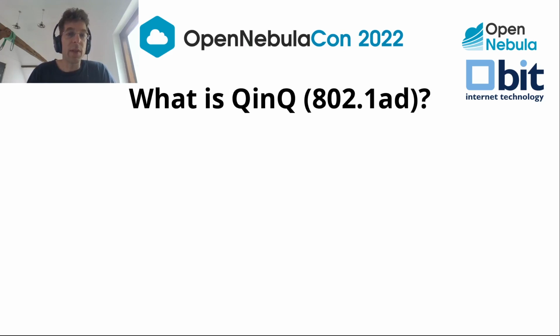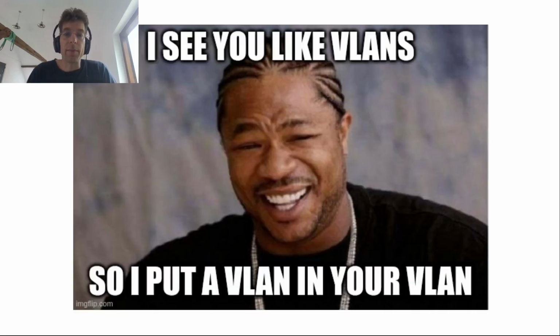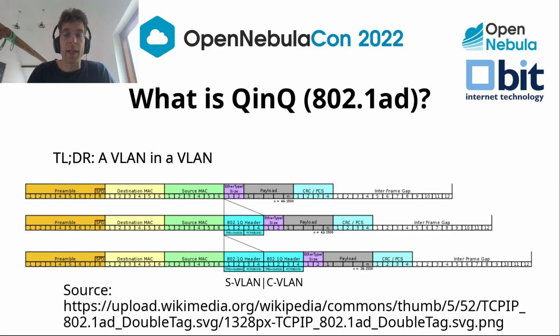What is QinQ exactly? It has its own specification called 802.1ad. You can basically think of it as a VLAN on top of another VLAN. To show that in some more detail, this figure shows 3 different Ethernet frames. On top there's an Ethernet frame without a VLAN header, not VLAN aware.